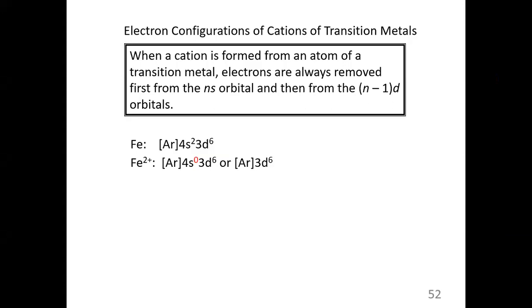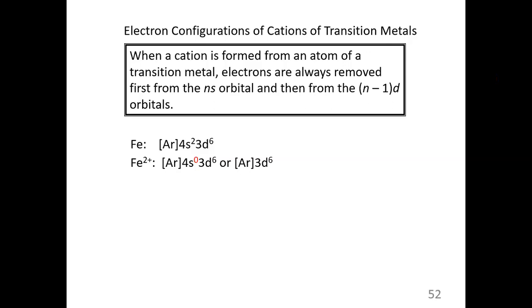And so what is left is a core of argon 3d6. Think about it. Technically, the 4s subshell is farther away from the nucleus than the 3d subshell. So it kind of makes sense that anything that's going to take electrons away would find those electrons first because they'll be the outermost ones.